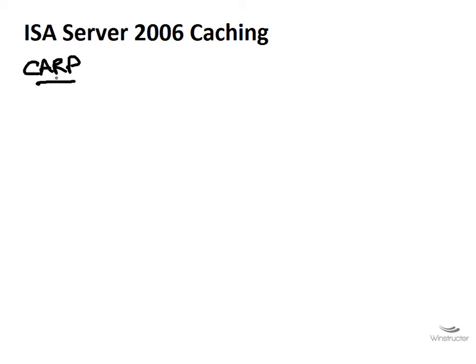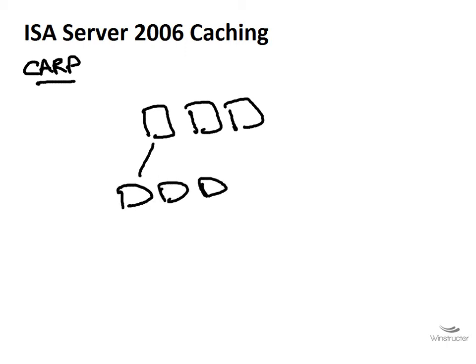In a distributed caching scenario, we're going to have multiple ISA servers in an array, and all of these ISA servers will be actively caching objects, and our client machines, we'll say these are our client machines down here, will be able to use a cache that's spread over all of our ISA servers.